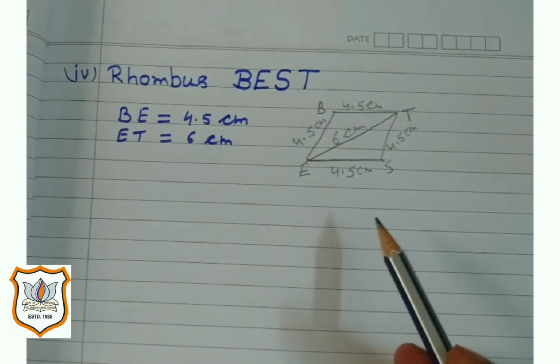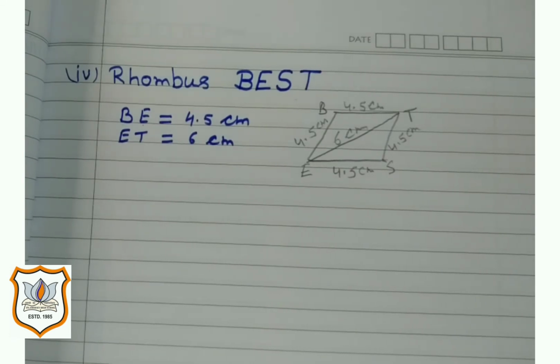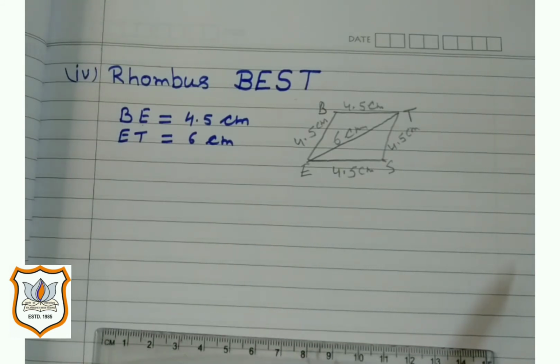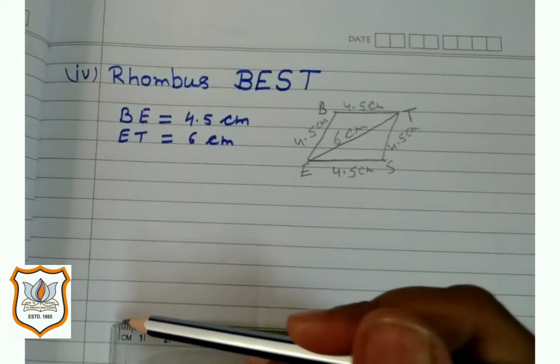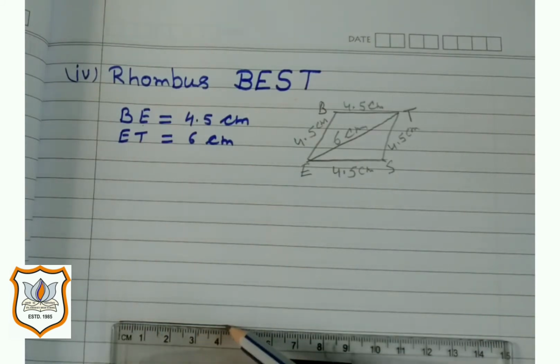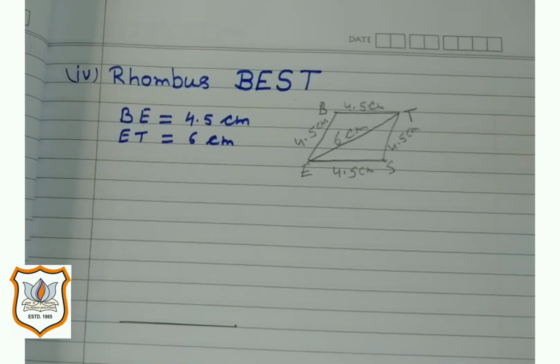So our rough sketch is ready. Let's construct rhombus BEST. First we draw ES, and ES is 4.5 centimeter. So we draw a line segment of 4.5 centimeter. You can see here, this is a line segment of 4.5 centimeter, and this is ES.